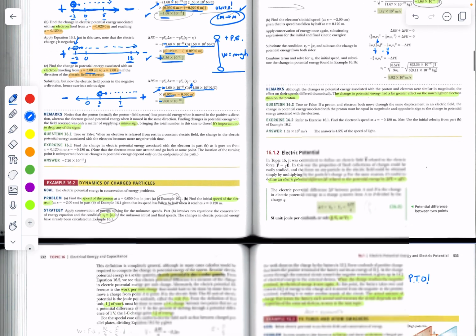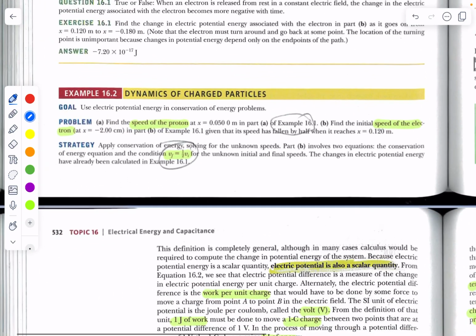All right, let's look at another problem here, using electrical potential energy in a conservation of energy problem. So this time we have the speed of a proton at this position. It's already converted to meters for us. It's referring to the previous example at the top of the page.